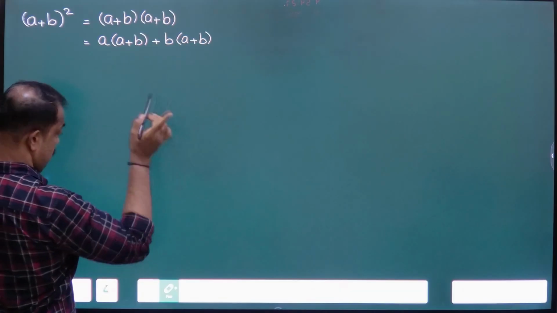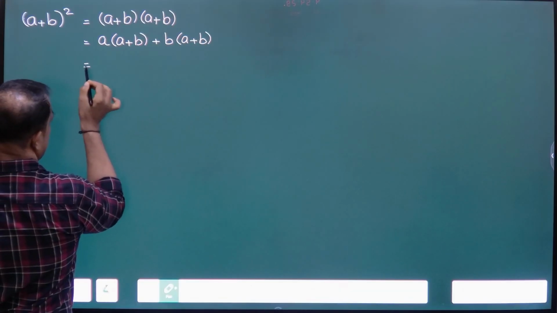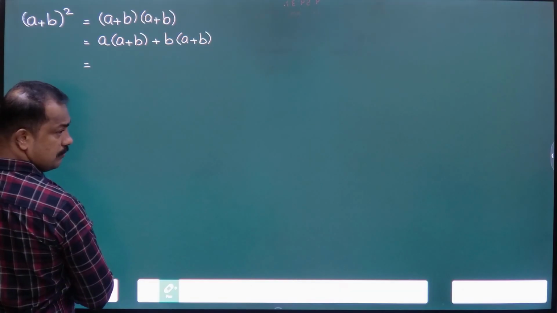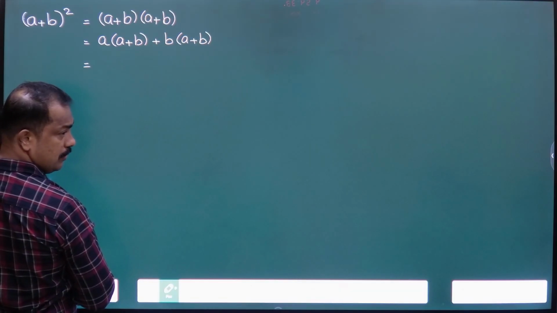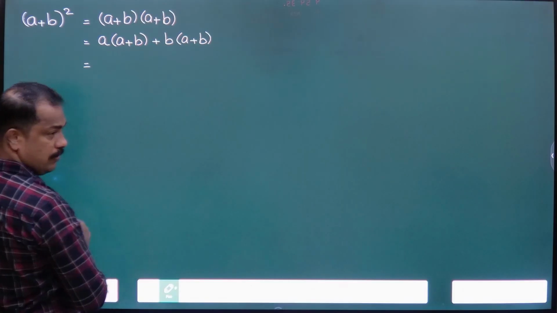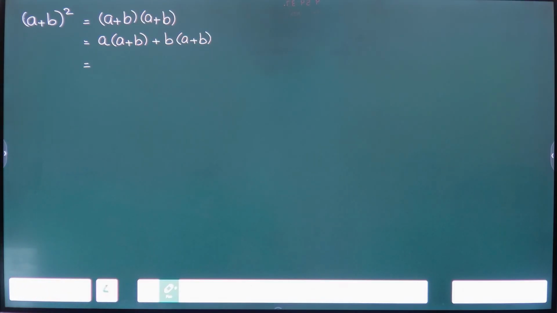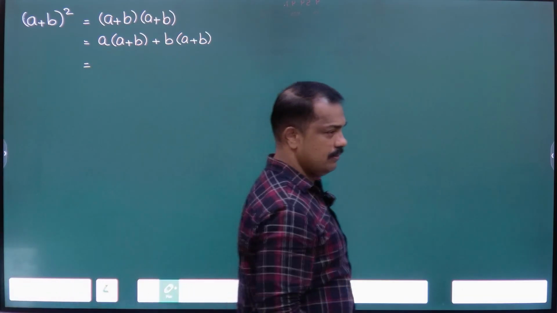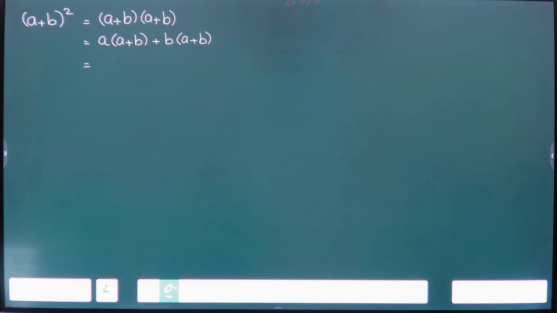Open the bracket. Open means multiplication.